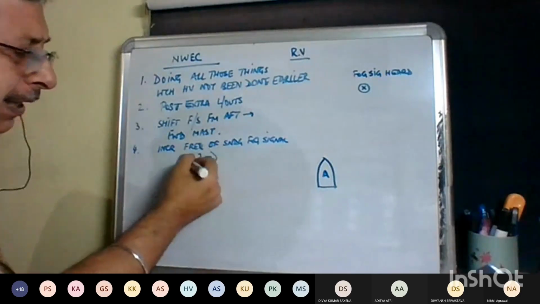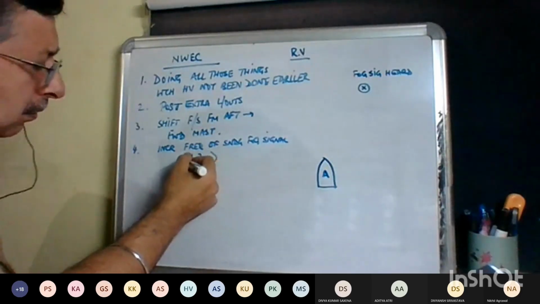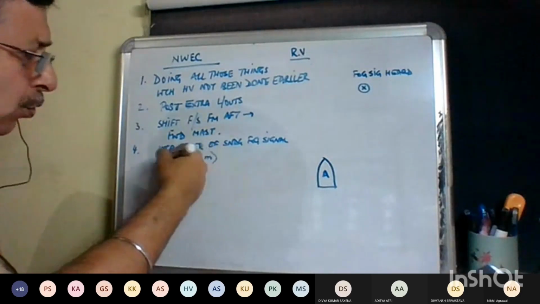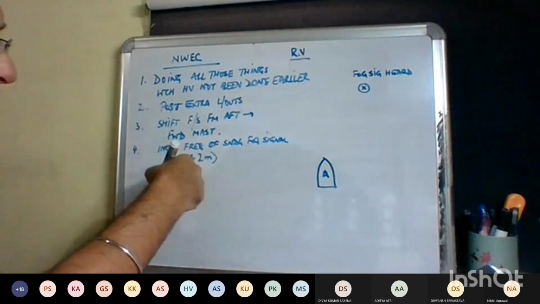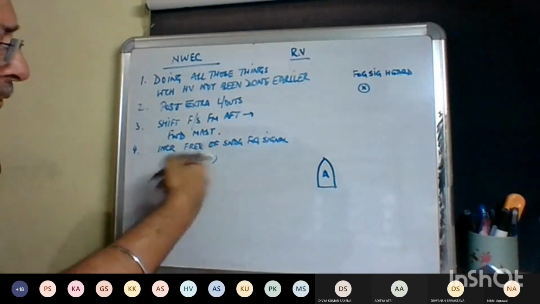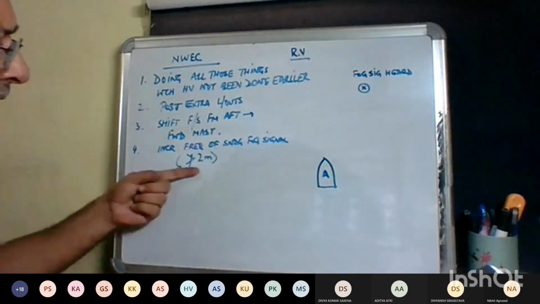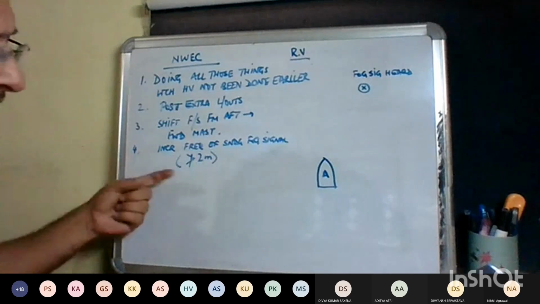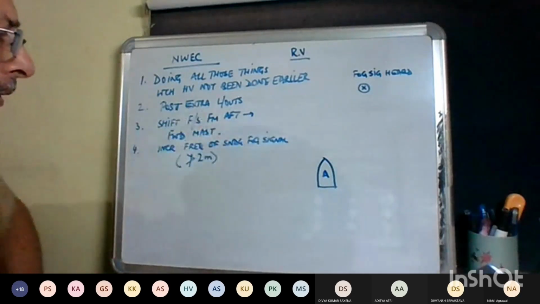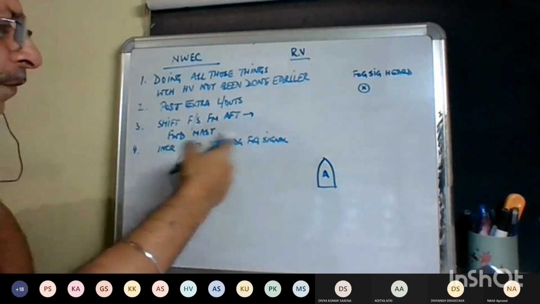There is a capping on more than, but there is no capping on less than. That means I can sound as fast and as many times as I want. So I increase the frequency of sounding.